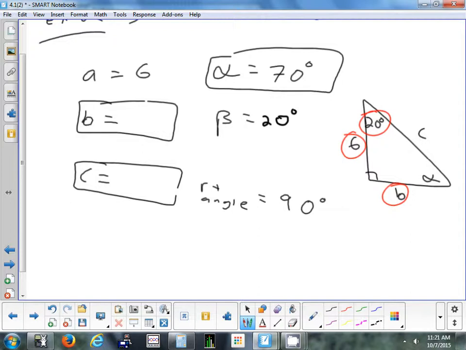Adjacent and which one? Opposite. Yep. Adjacent and opposite. Jacob, what's my trig function that has opposite and adjacent in it?